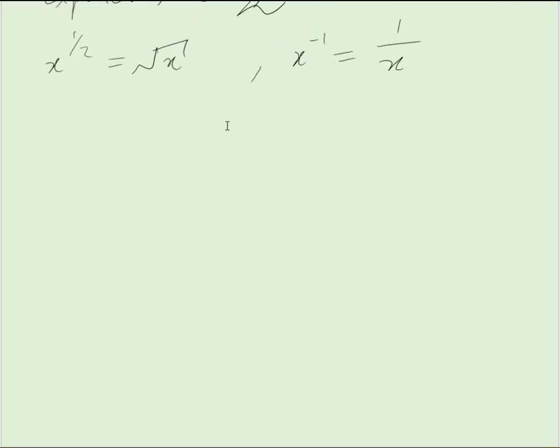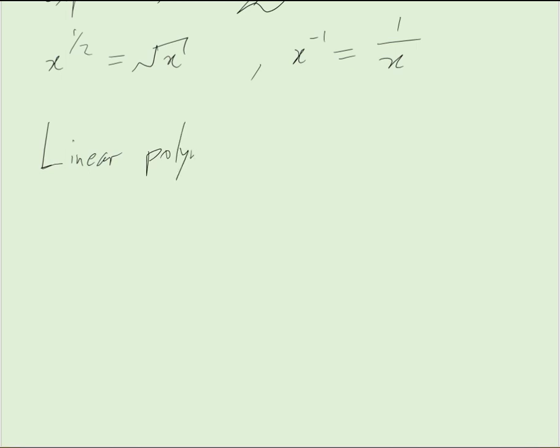So the first polynomial function we normally encounter is the straight line graph, or the linear function. Let's call it the linear polynomial. Linear polynomial just means the highest power of x is 1.